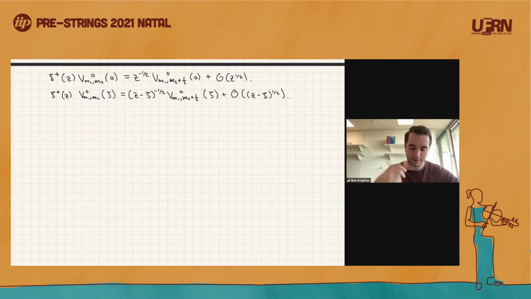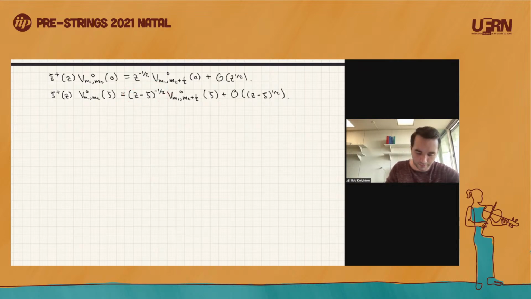And you can do the same thing for the minus Xi boson, and you can do the same thing for the eta plus and minus. And in particular, you can work out what happens at non-zero spectral flow. And essentially what's going to happen is the degree of this divergence here is going to change.